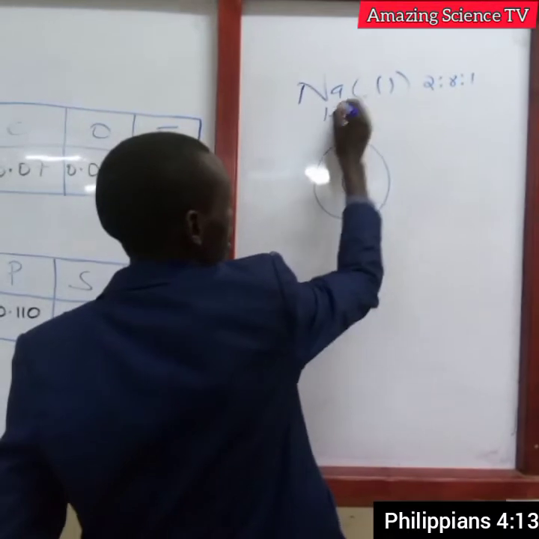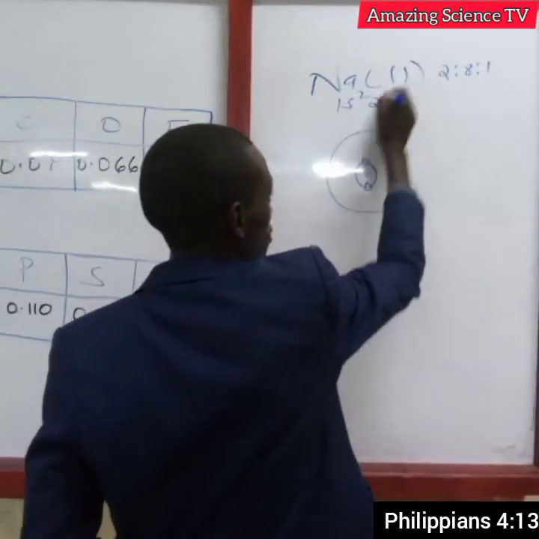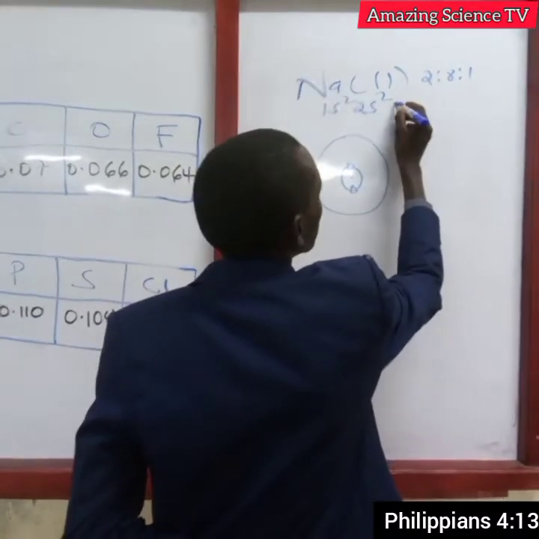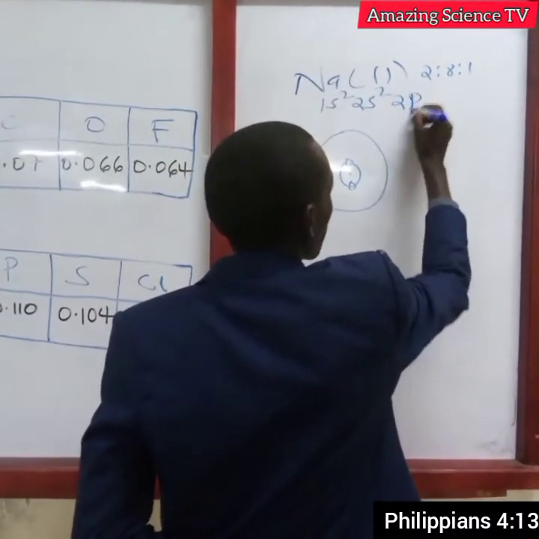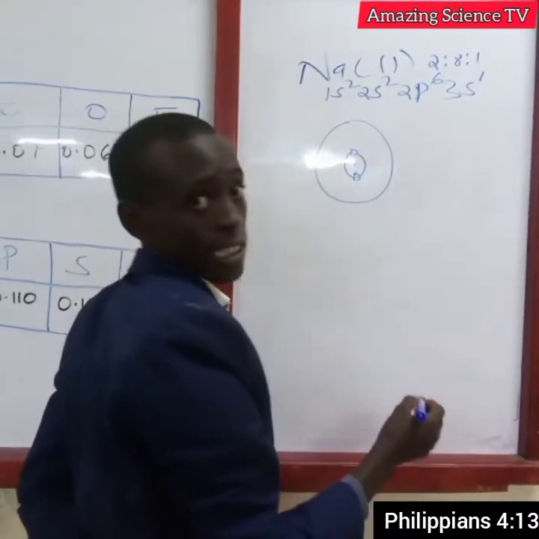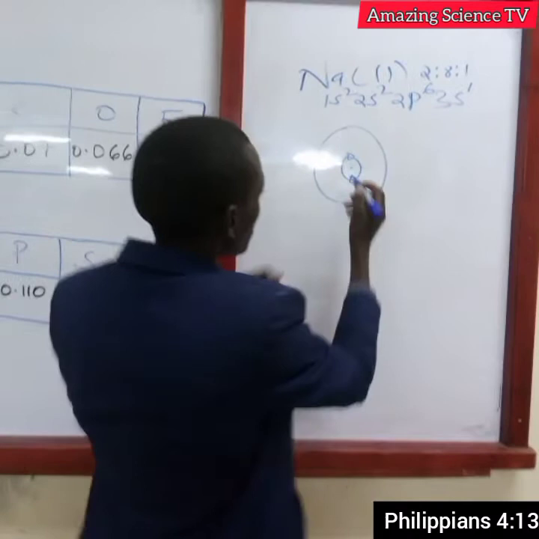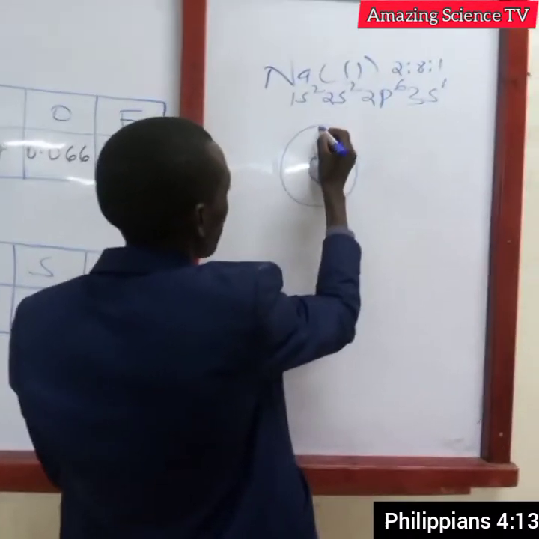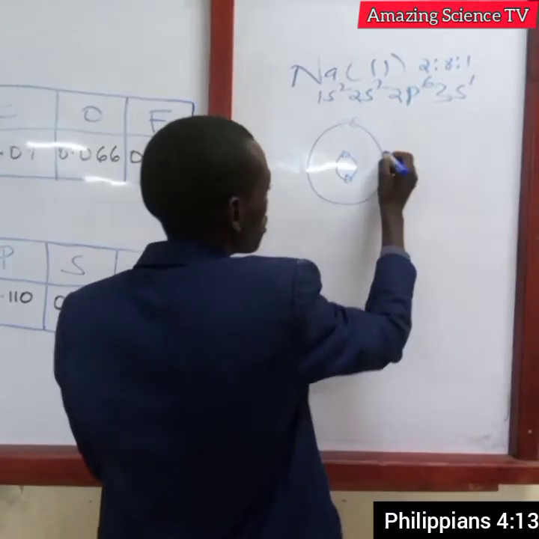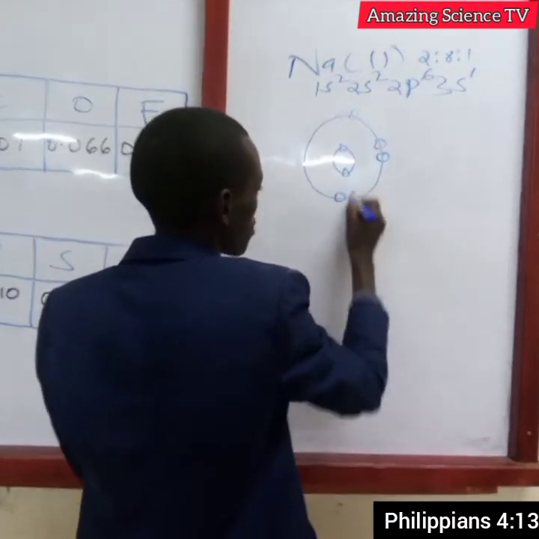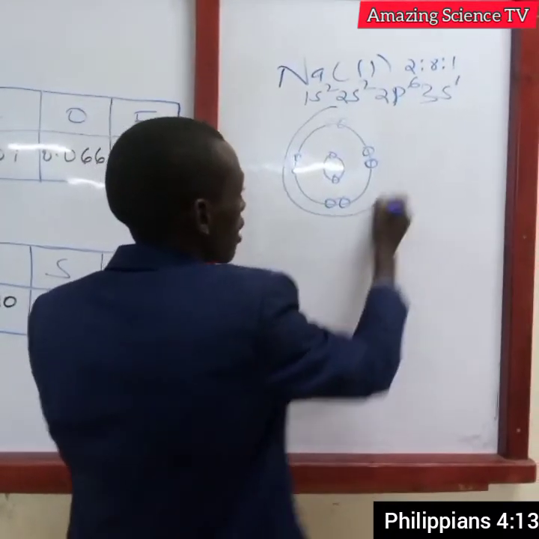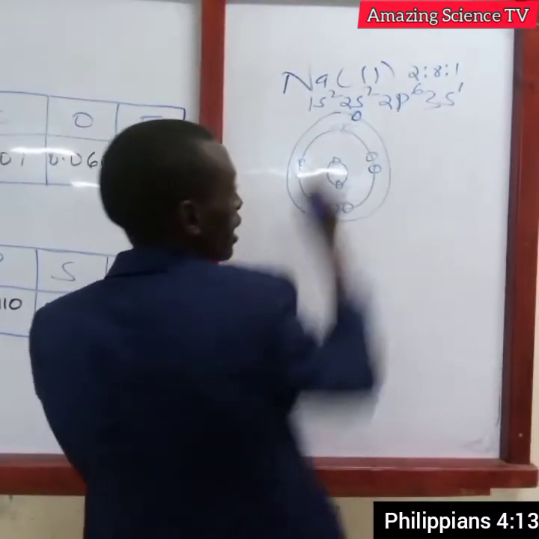Or we can write it as 1s squared, 2s squared, then we have 2p 6, that is 10, then we have 3s 1. So in the outermost shell, we have 1 electron, after the inner shells with 2 and 8 electrons.